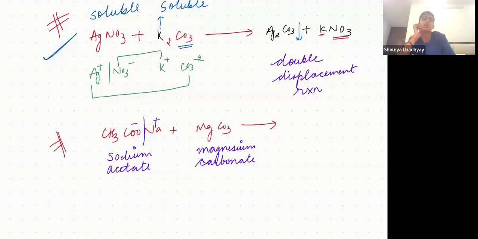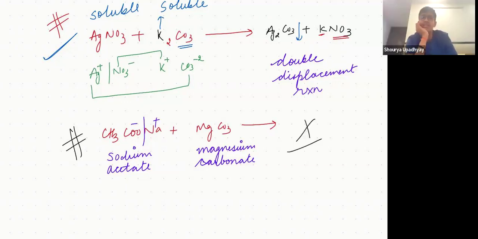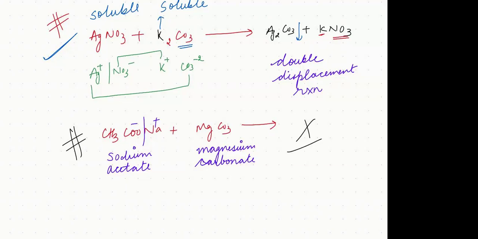Magnesium carbonate will be insoluble. Right. So this reaction is not even possible. And sodium acetate, I think it's also insoluble.